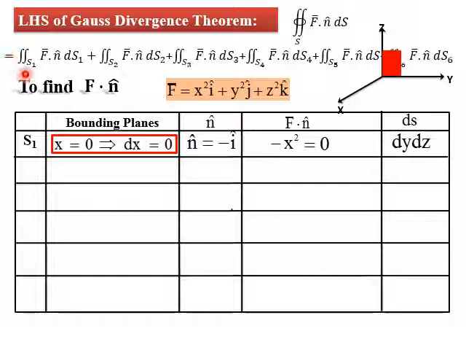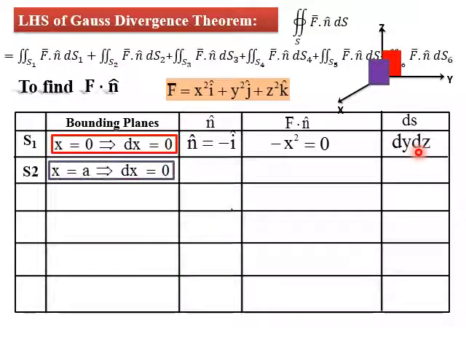Surface S1 is the x equal to 0 plane, where dx is 0. Unit outward normal n cap is minus i cap. F bar dot n cap is minus x square, on the plane x equal to 0. Therefore f bar dot n cap is 0. Here the elementary area dS1 is nothing but dy dz.